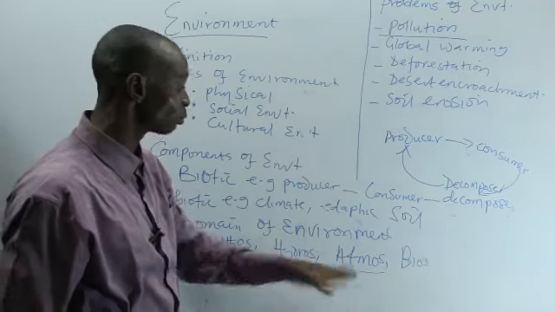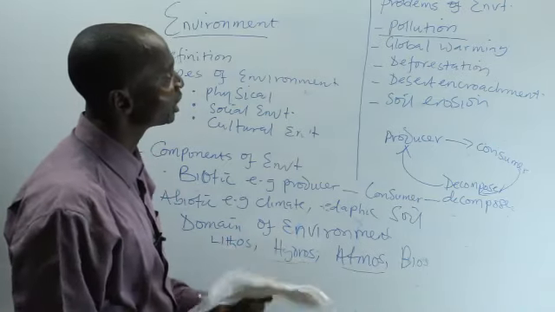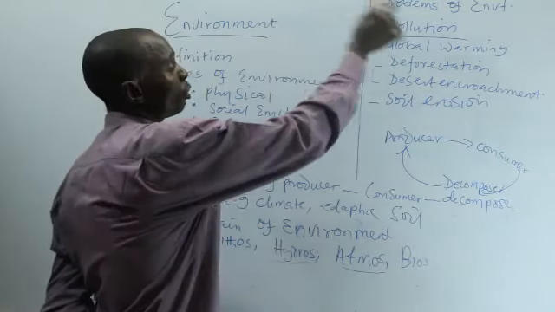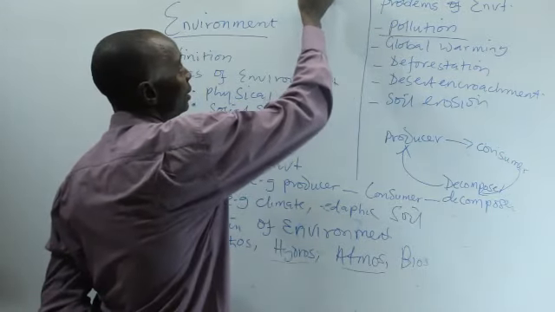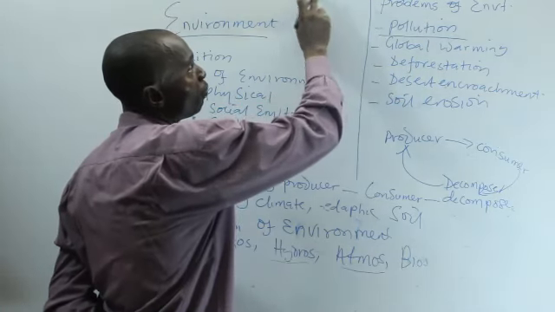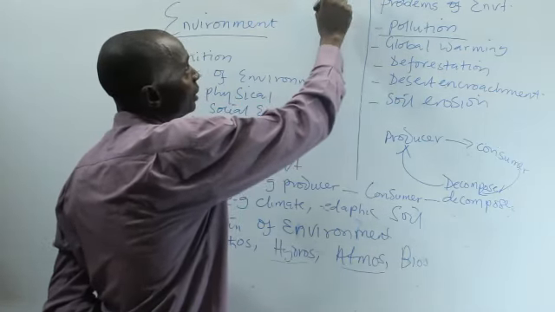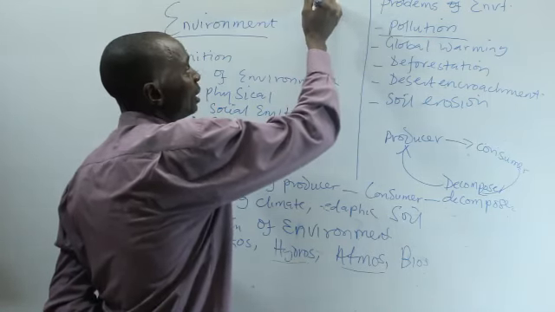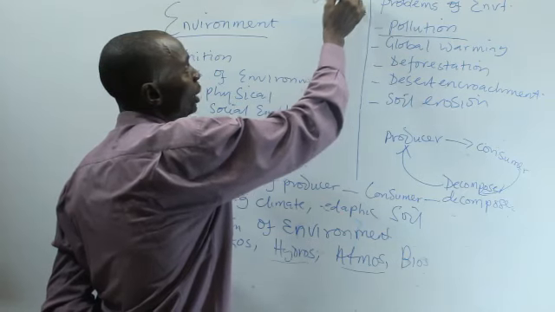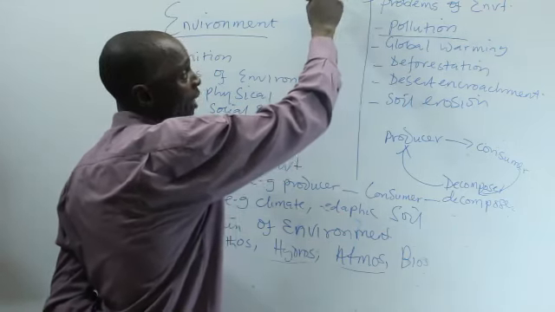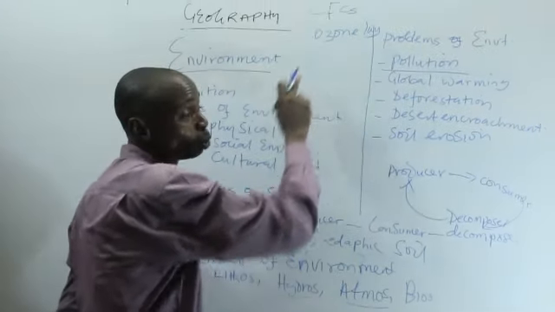And what of the atmosphere? If you discharge obnoxious gases into the atmosphere, some gases contain CFCs, that is chlorofluorocarbon. And what is the effect of it? It can perforate what we call the ozone layer. Once we discharge this into the atmosphere, it can perforate this ozone layer.